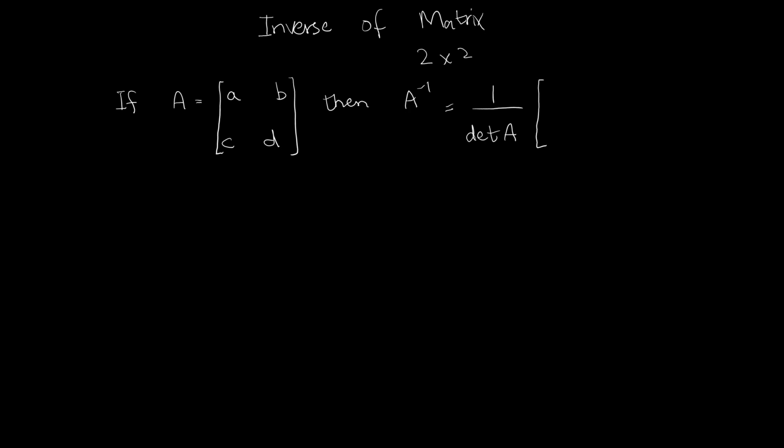It is 1 over the determinant of A times the adjoint of A. And since you know that the adjoint of A is D, -B, -C, A, we can write that as well.